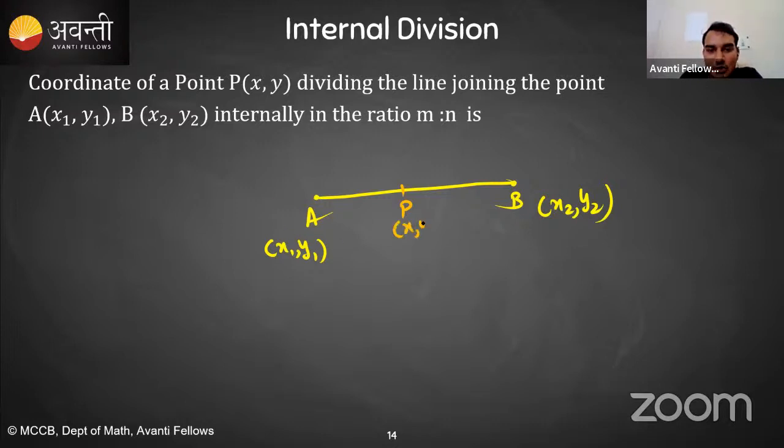So this point is x comma y, and P is dividing AB internally in the ratio m is to n, means AP upon BP is equal to m by n.